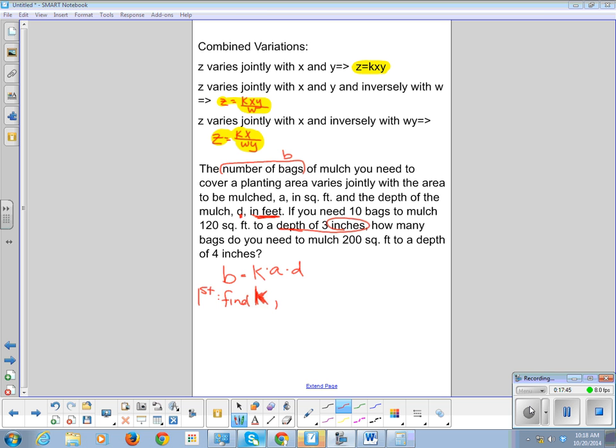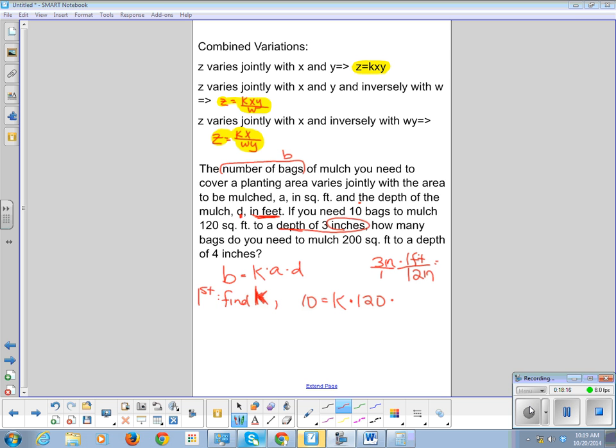So if I were to put this in using 10 bags, you don't know what K is, that's what we're finding, 120 square feet. And the D value, it's 3 inches, but how many inches in 1 foot? 12.